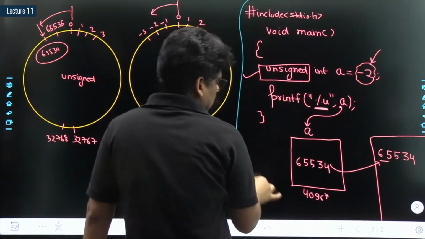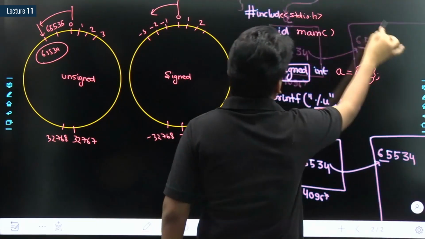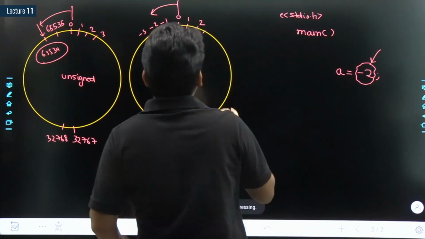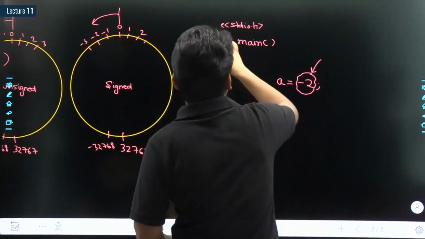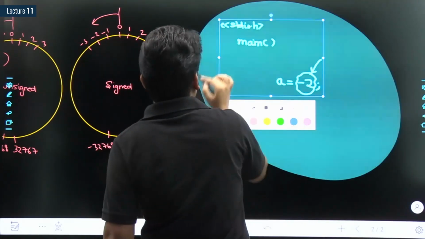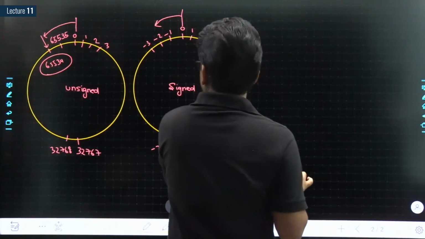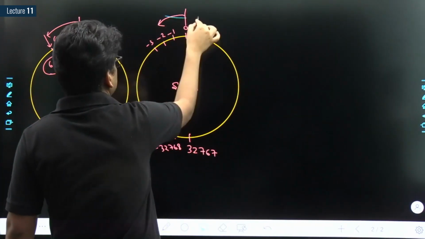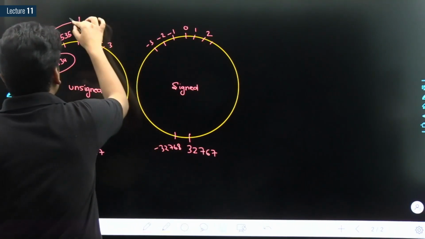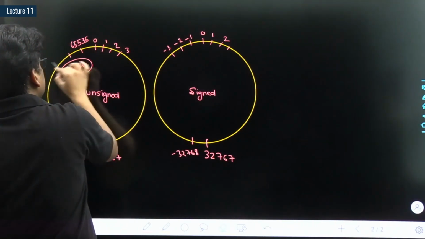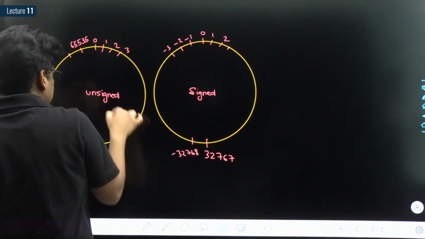Okay, let us solve a few more problems. Why unnecessarily make these circles again and again?